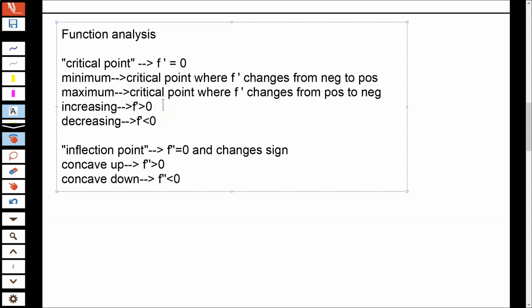Most of you guys are very good at that one already. And then my remaining 3 have to do with the second derivative. So our inflection point is where f double prime is equal to 0 and changes sign. And that's where you change from concave up to concave down, which have to do with the sign of that second derivative. Okay, let's do a concave up, concave down example of one of these accumulation functions, then we'll call it a day in this lesson.